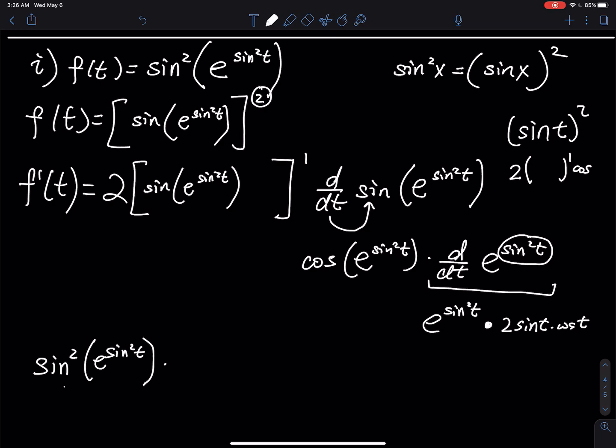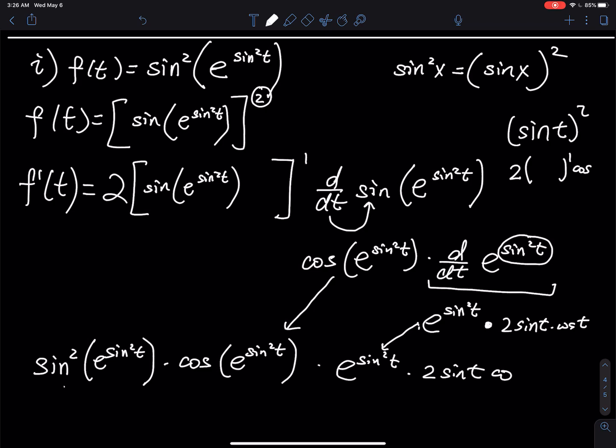And then we have a cosine e sine square t. That is this piece. And then you bring this down here, and then you multiply e sine square t, and then you have 2 sine t cosine t. So this is the final answer.